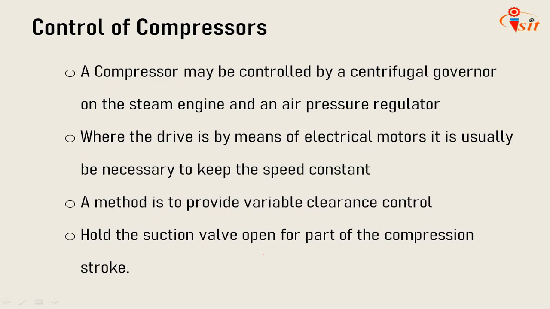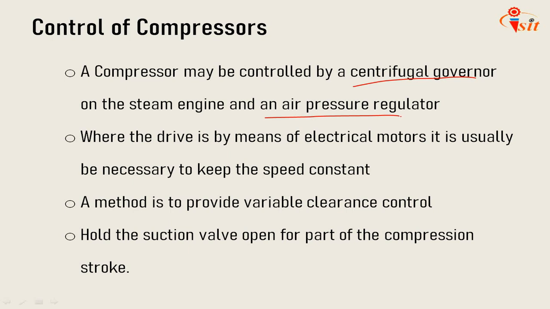Next is control of compressors. Compressor control may be carried out in many different ways depending on the circumstances in which they are going to be used. For example, first one, a compressor directly driven by a steam engine may be controlled by the combined centrifugal governor on the steam engine and an air pressure regulator.